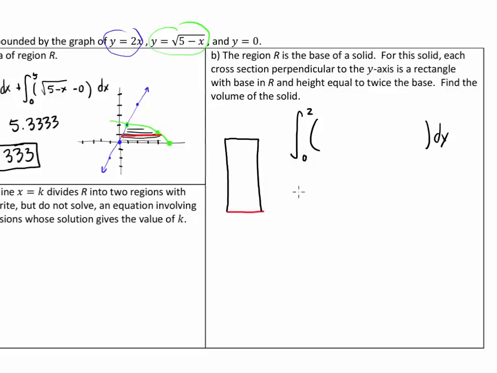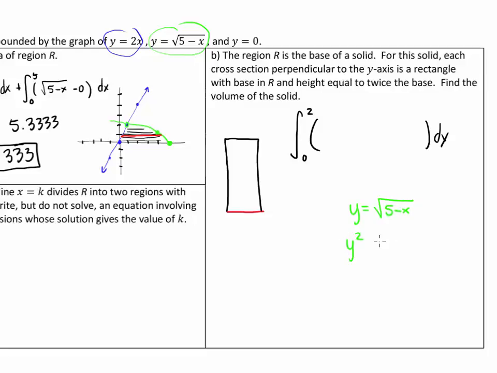I need to put it in terms of y. So let's change the green one first. So I've got y equals the square root of 5 minus x. So I'm going to square both sides.